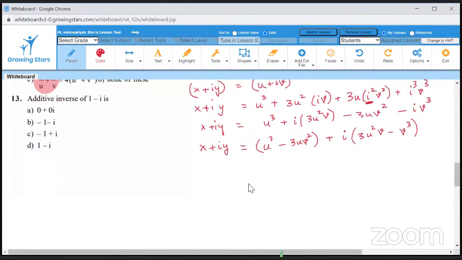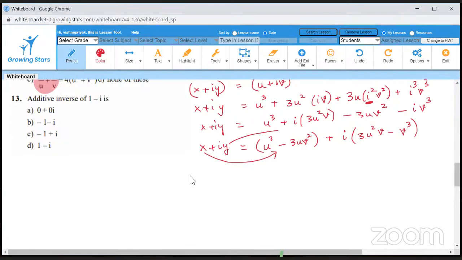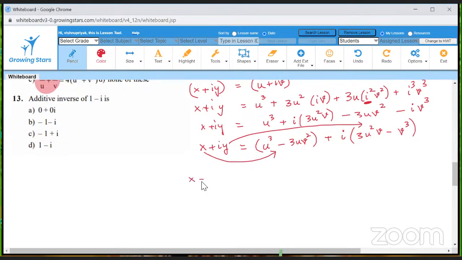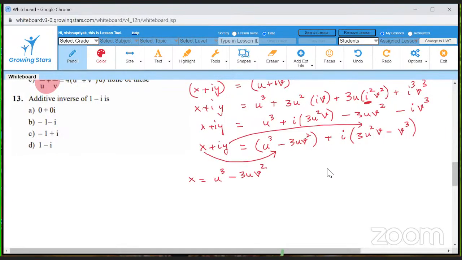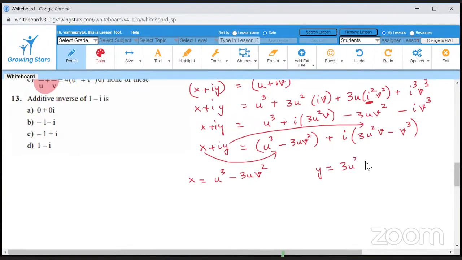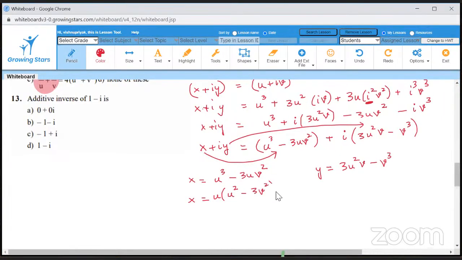So what can I say? I will compare real parts and I will compare imaginary parts. X is U cube minus 3UV square. Y is 3U square V minus V cube. I will take U common: U square minus 3V square.